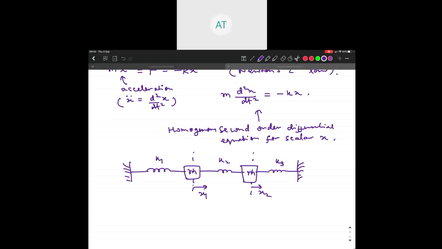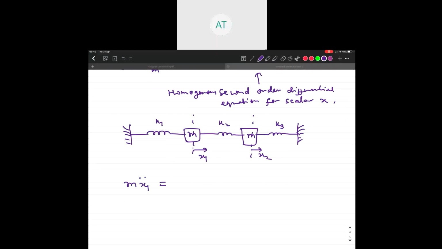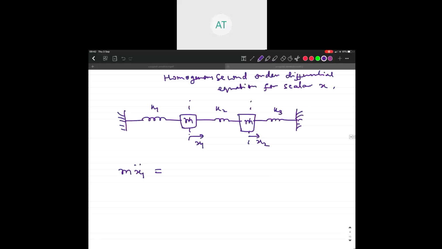Now in a similar manner, we can write down the equations of motion as m x1 double dot. When we deflect the first mass by x1 towards the right, imagining the force direction to be along the positive direction, spring k1 is stretched and therefore undergoes a restoring force in the negative direction, so this would be minus k1 x1.